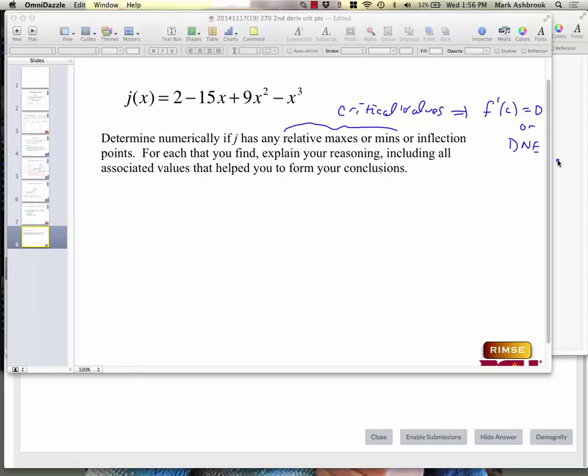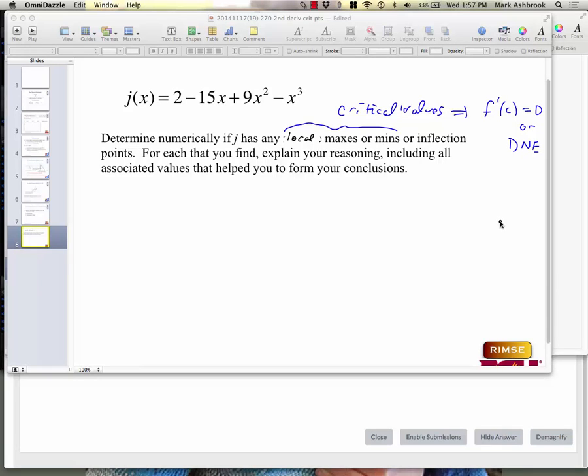So if we're looking for relative maxes, or sorry, I should say local maxes or mins, I like that better. But just know if you ever see relative max, relative min, that means the same thing. Local max, local min, we'll use local. I think local is more descriptive. Let's talk about in the local area. Okay?